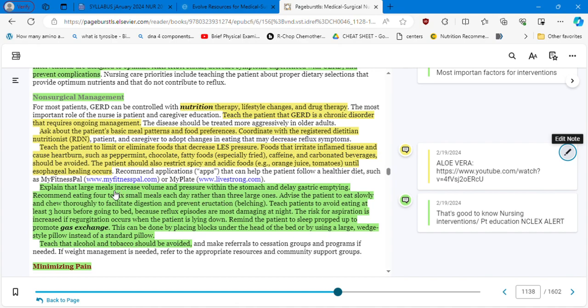Okay, let's continue. So, explain that large meals increase volume and pressure within the stomach and delay gastric emptying. That's why nurses, you need to know your why and you need to explain why. During your patient education session, you need to explain why you are giving these instructions.